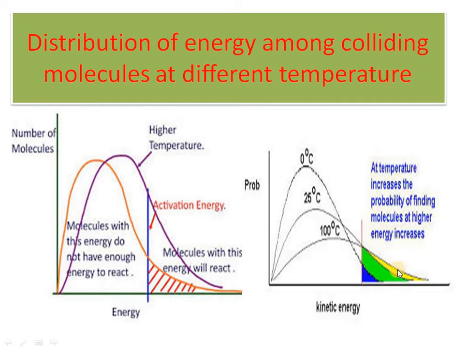So the shaded portion is more in the case of 100. It means that as the temperature increases, the fraction of molecules having energy greater than activation energy increases, which results in collisions, and those collisions are effective, and effective collisions will bring about the chemical change.